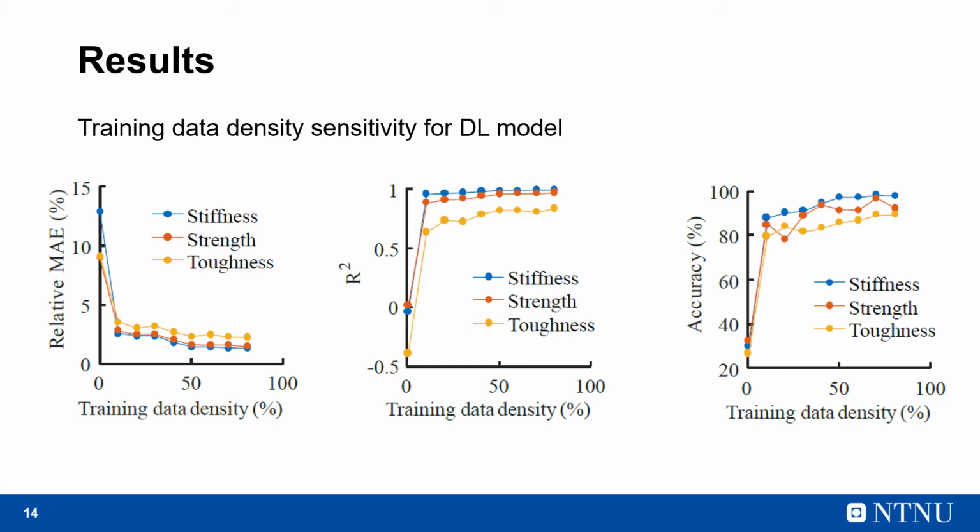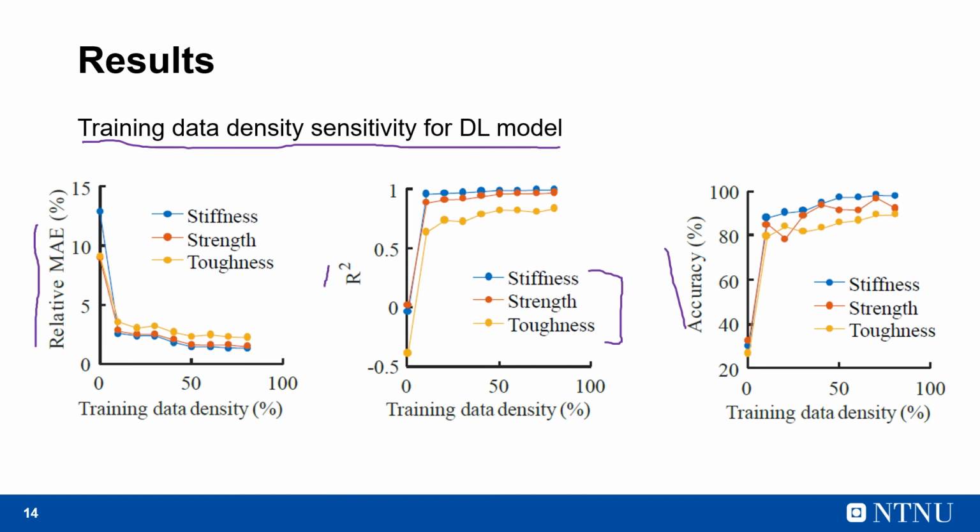And then here you can see other interesting things. For example, what we did was a training data sensitivity analysis for our deep learning model. Here in the y-axis we have three metrics: the relative mean absolute error, the coefficient of determination, and the accuracy for the prediction of the three mechanical properties.